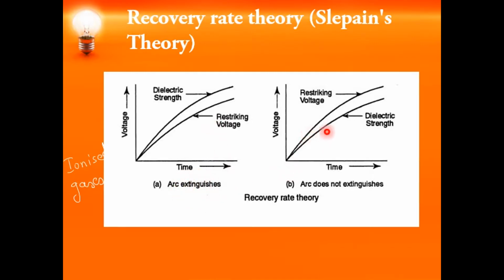If the dielectric strength is very less, that means the rate of removal of ions is very less compared to the restriking voltage, then the arc will not quench. It will continue to exist. This is what the recovery rate theory explains. So what can we conclude? For the arc to get quenched, the dielectric strength of the gap between the contacts should be very high compared to the restriking voltage.